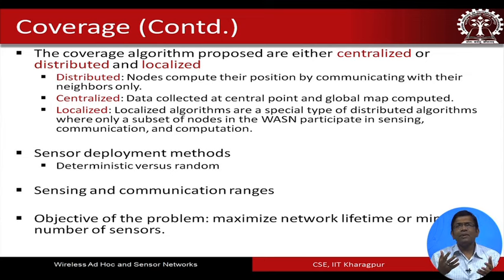In a random deployment, typically there is some kind of airborne mechanism, maybe a helicopter or a quadcopter or something like that. The sensor nodes are sprayed over the area where the sensing activities have to be executed. So, these nodes are deployed by airborne means.